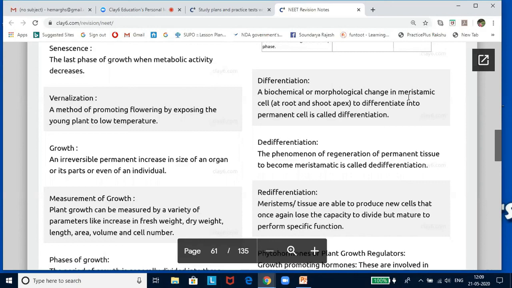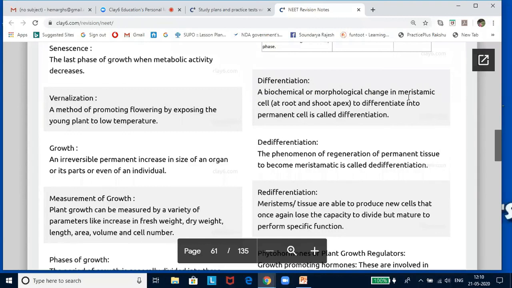Dedifferentiation: the living differentiated cells which have lost the capacity to divide can regain the capacity of division under certain conditions, and this phenomenon is what we call dedifferentiation. For example, formation of meristems like interfascicular cambium and cork cambium from fully differentiated parenchyma cells.